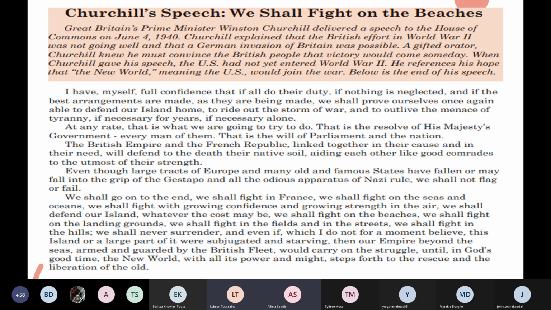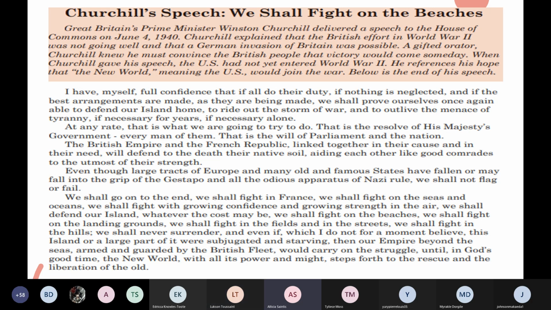I have myself full confidence that if all do their duty, if nothing is neglected, and if the best arrangements are made, as they are being made, we shall prove ourselves once again able to defend our island home, to ride out the storm of war, and to outlive the menace of tyranny, if necessary for years, if necessary alone. At any rate, that is what we are going to try to do. That is the resolve of His Majesty's government, every man of them. That is the will of Parliament and the nation.